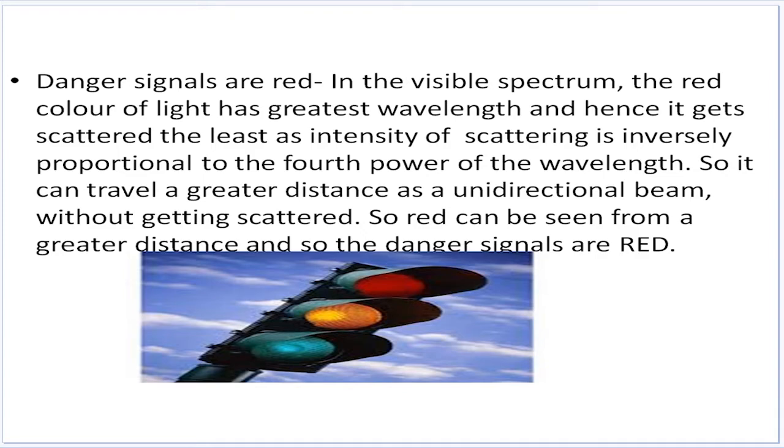Similarly, we must have seen the danger signals in the traffic that we use. The danger signals are usually red in color. Now what's the reason? In the visible spectrum, boys, the red color of light has the greatest wavelength. We all know red has the greatest wavelength, and intensity of scattering is inversely proportional to lambda to the power 4.